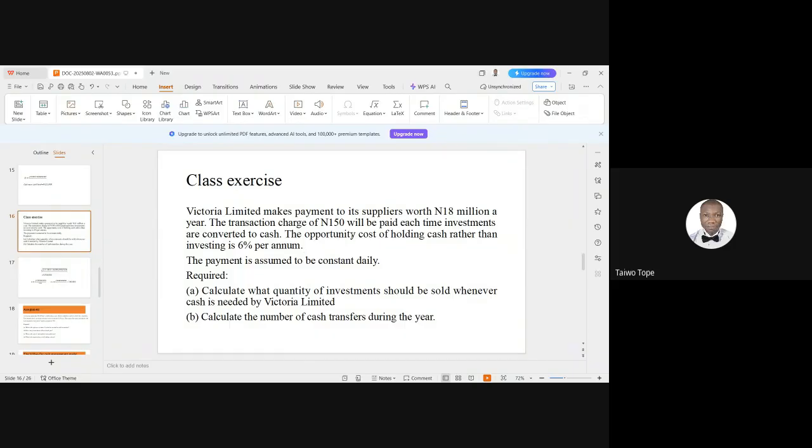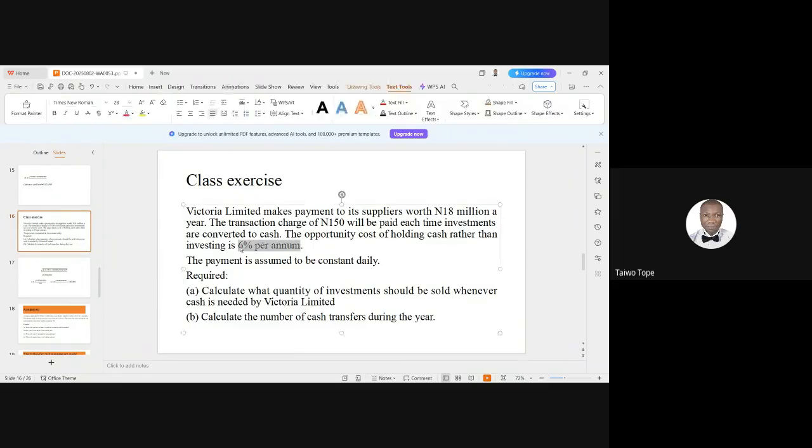The opportunity cost of holding cash rather than investing per annum is given, so we're working based on the whole year value. If you want to go further to get it daily, what will you do? These 300,000 that you have, you can still divide by 365 days.